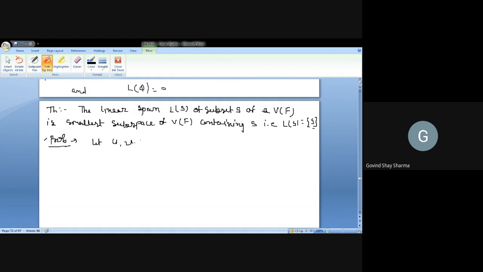Let u and v belong to the linear span. Then u is an element of which type? u is of this type, a linear combination, and v is also a linear combination type.